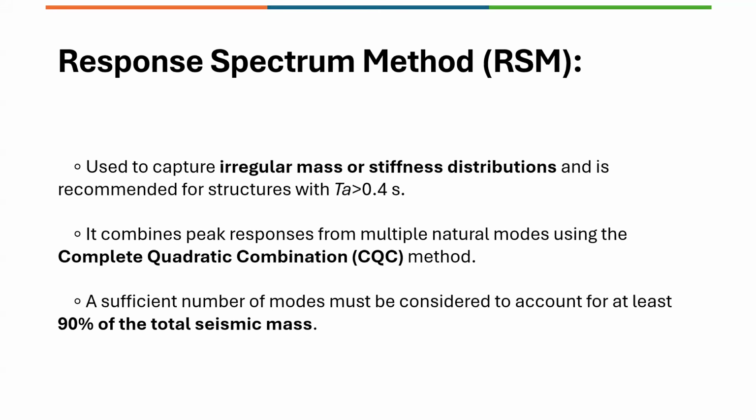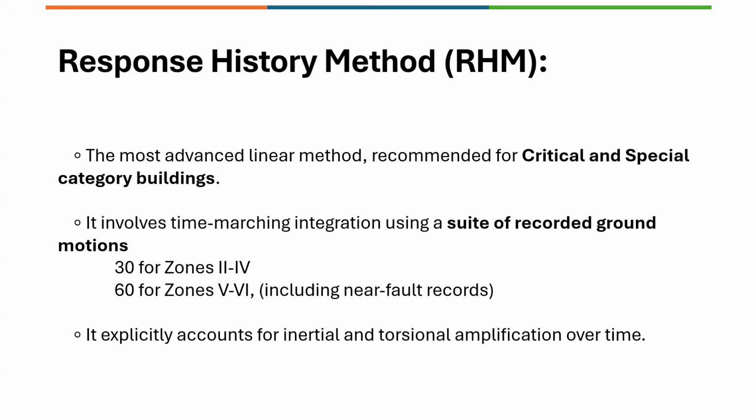And we have to ensure 90% modal mass participation from the modal analysis case that we are using. And then we have response history method, recommended for critical and special categories, although it is applicable for all categories.